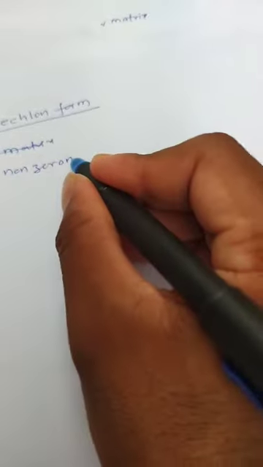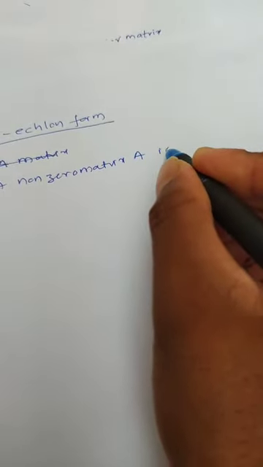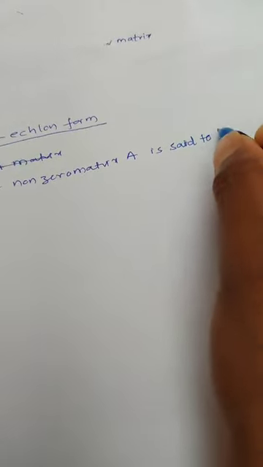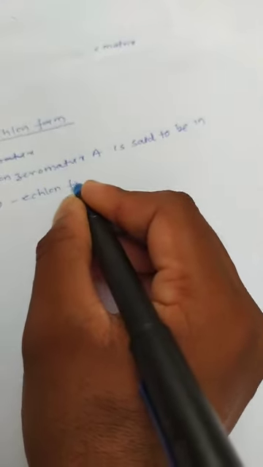A non-zero matrix A is said to be in row echelon form if it satisfies the following conditions.